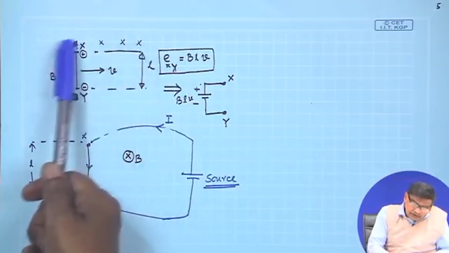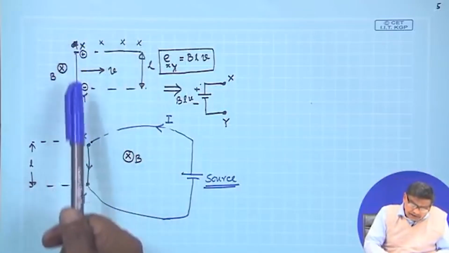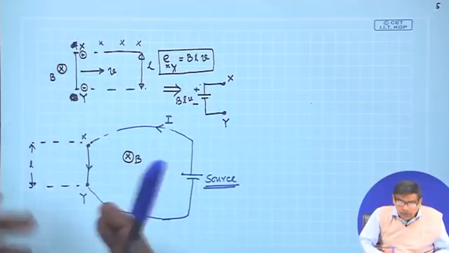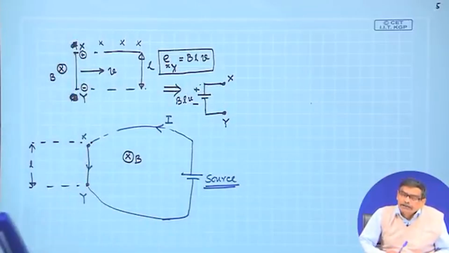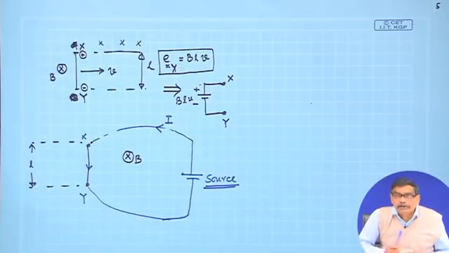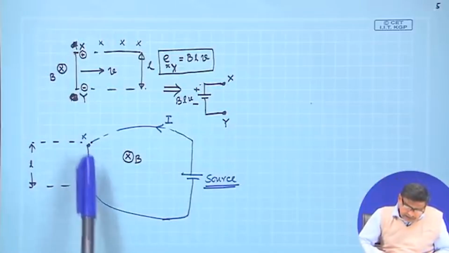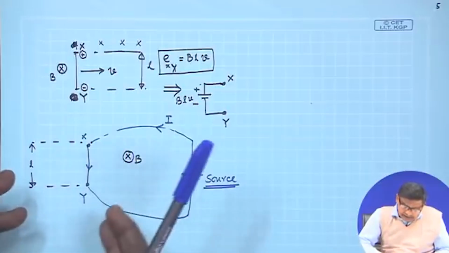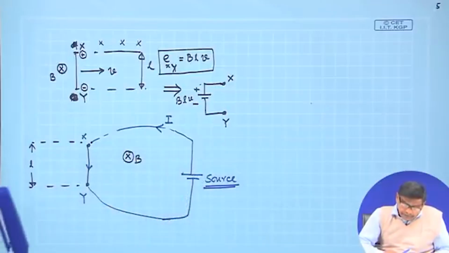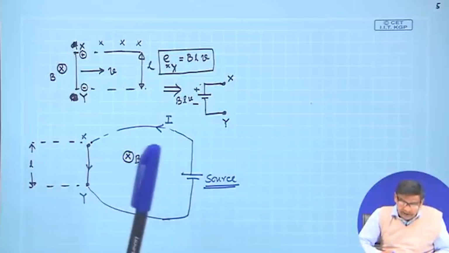Like while we found out the voltage across x and y, 2 questions should be asked: what is the magnitude of the voltage and what is the polarity of the voltage? Similarly, when a conductor is experiencing a force, then I must say what is the magnitude of the force and what is the direction of the force.